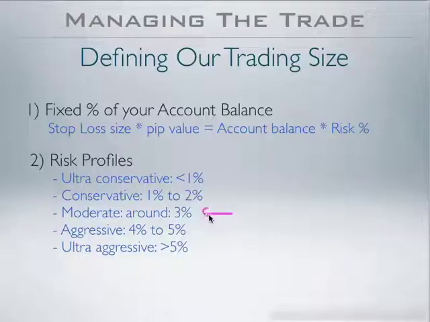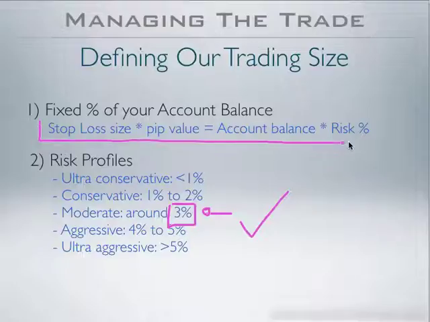3% is a sensible middle point, the sweet spot. As far as money management goes, risking 3% of your account size is more than appropriate. So from now on, every time I refer to this formula, I'm going to be replacing this factor here with just 3%.